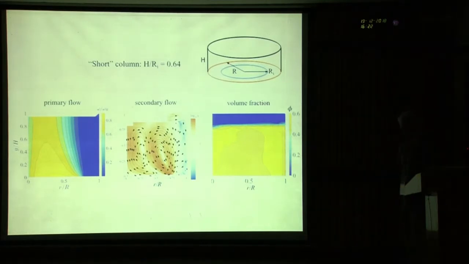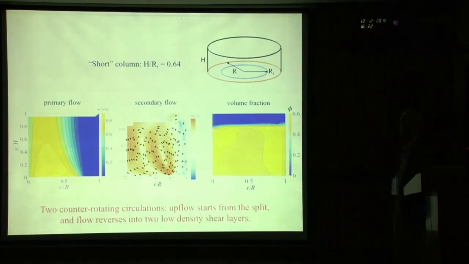Now, when you have a relatively short column, you no longer get a single vortex, you get two. But the point is, you do get this secondary flow, okay? And particles, again, it's nucleated by the region where there is shear, and particles fall down in the region of low density, okay?